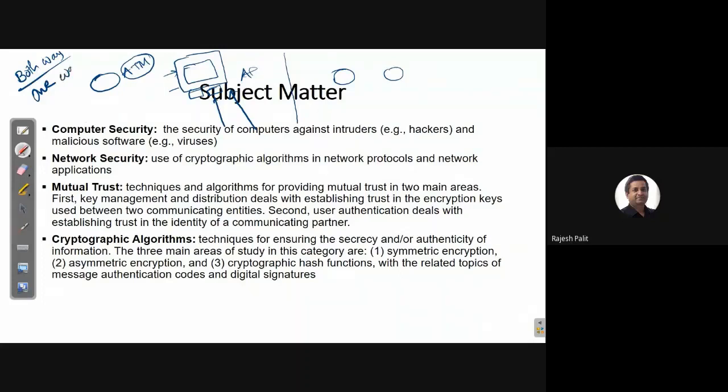Another one is called mutually suspicious. In both-way trust, both parties trust each other; in one-way trust, one party trusts the other; and mutual suspicion means nobody trusts each other. For example, you have bought a product online, or an old product from a person, and he comes to a place to give you the product.